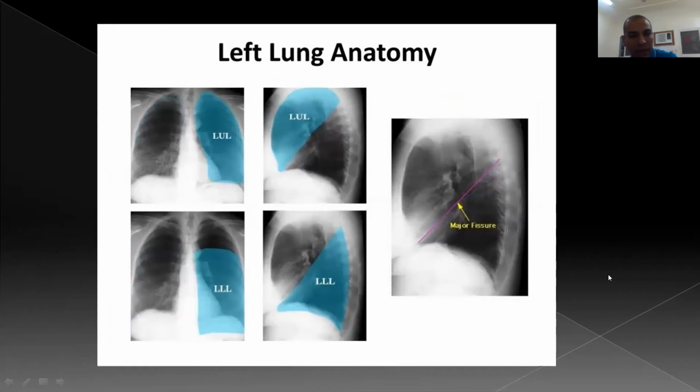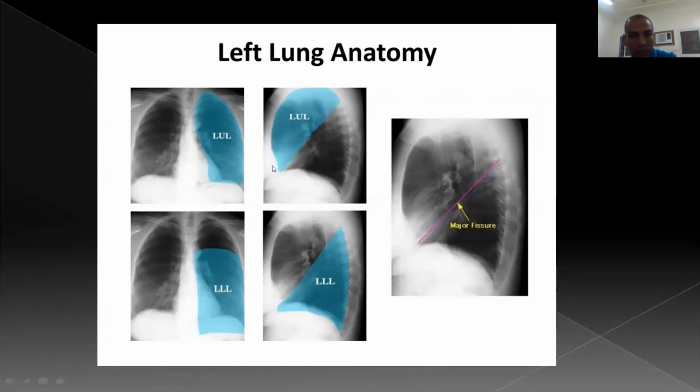In the left lung, it will show a slightly different situation. We have here the left upper lung lobe collapse. It will cause opacity of the whole left hemithorax, not like the right side. Why? Because the left upper lung lobe includes the lingular segment. We don't have a middle lung lobe here.